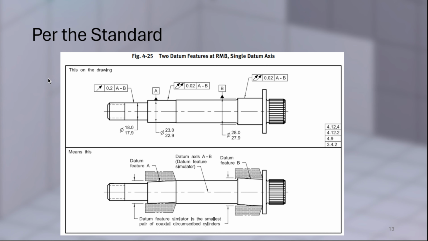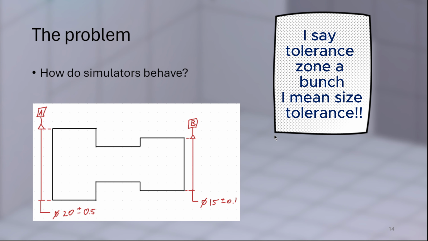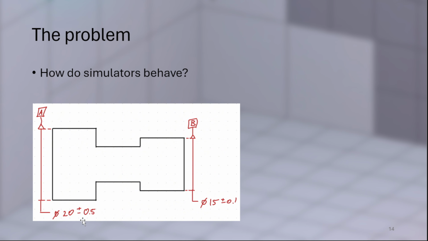The other problem that I've noticed, and maybe this has been talked about already, and this is a little easier to imagine happening, is that all of the examples in the standard have features of size that have the same tolerance zone. So these are both 0.1 millimeters. But if you had a feature like this with one feature having a 1 millimeter tolerance zone and the other having a 0.2 millimeter tolerance zone, how does that work?